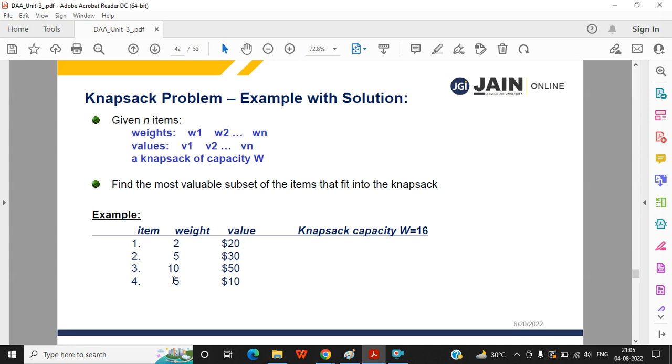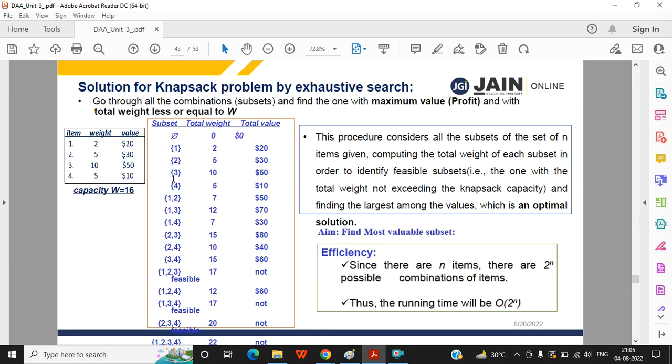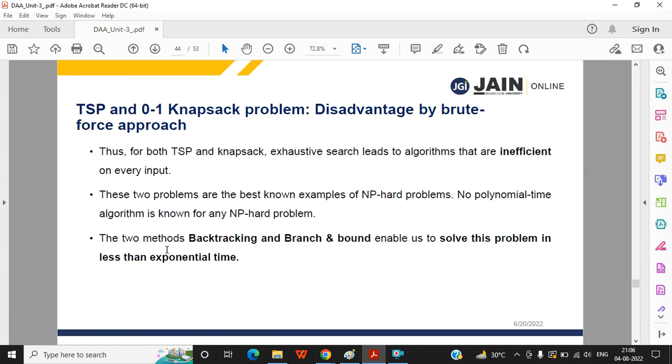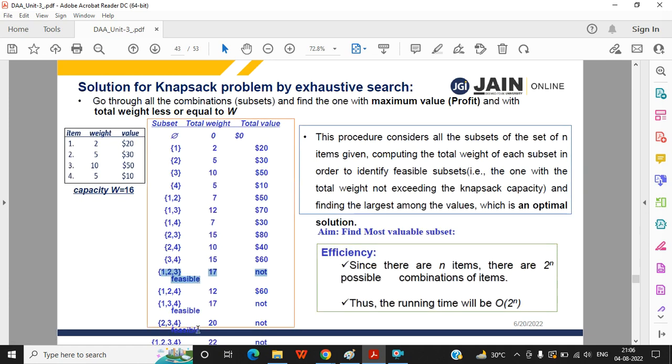So here they are taking the combinations: first item, second item, first item, second item, third item, something like that. They are checking every combination.